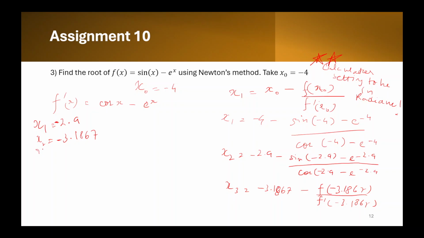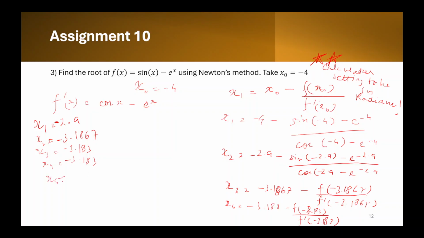So x3 will be minus 3.183. Then for x4, you keep minus 3.183 and you also get x4 as minus 3.183, and you see that x3 and x4 are identical.